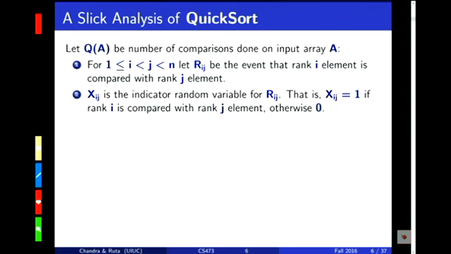Now I'm relaxing that. I don't want exactly n over 2, but a position between n over 4 and 3n over 4. So how many elements are eligible? Half of them. So what is the probability that I'll pick one of those elements? 1/2. So you don't have only one good choice; half of the choices are good. That is the intuition.